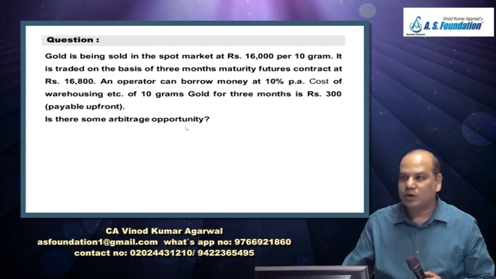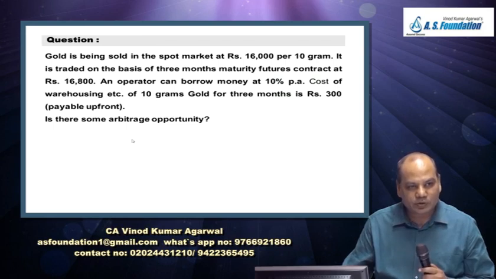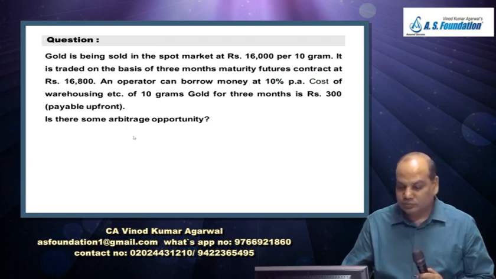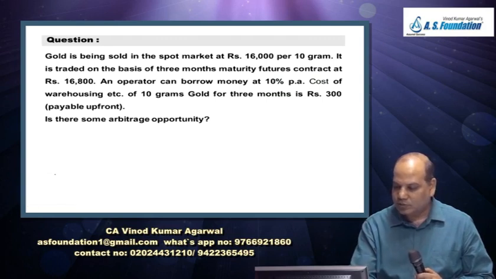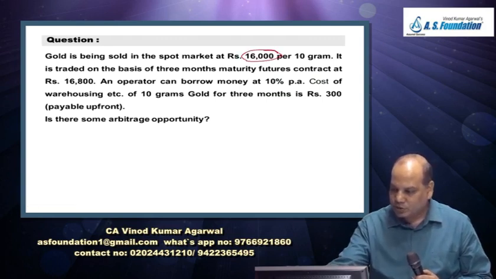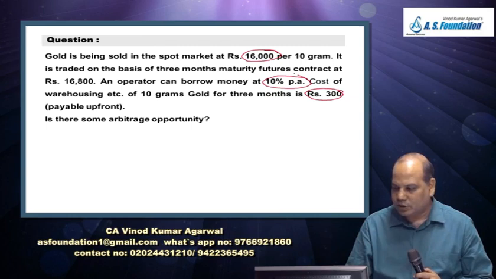Is there some arbitrage opportunity? Okay, in the notebook you are writing. What we will do, like we did in the earlier problem in chapter number 6: this is the spot price, this is the storage cost, add, this is your time value of money.